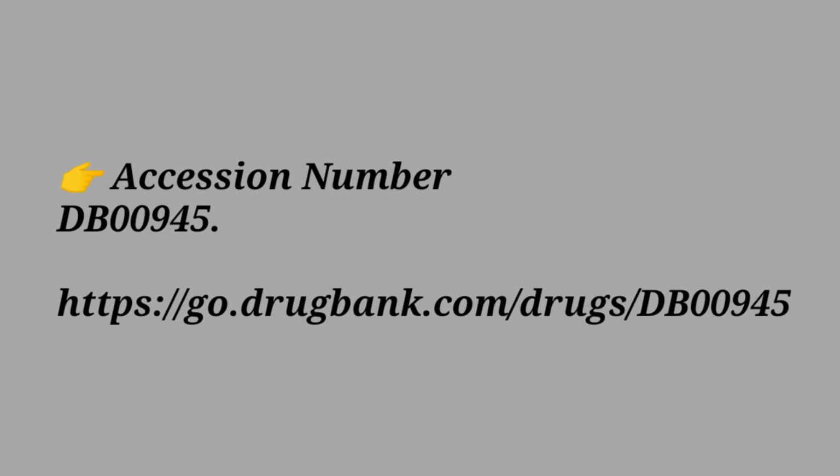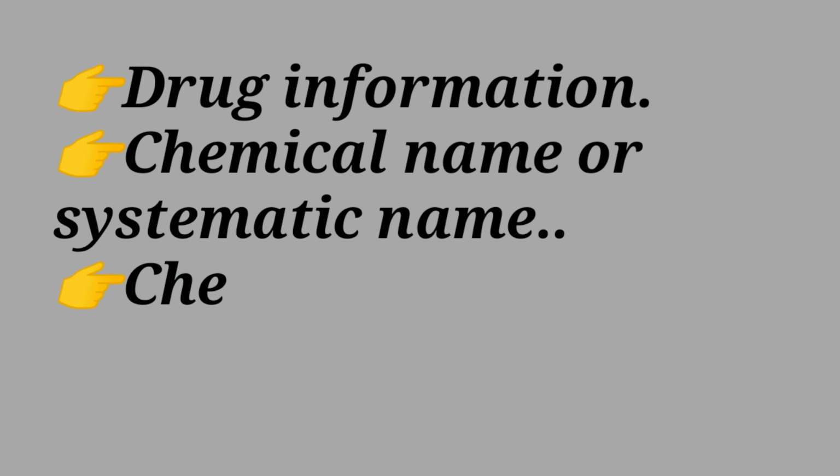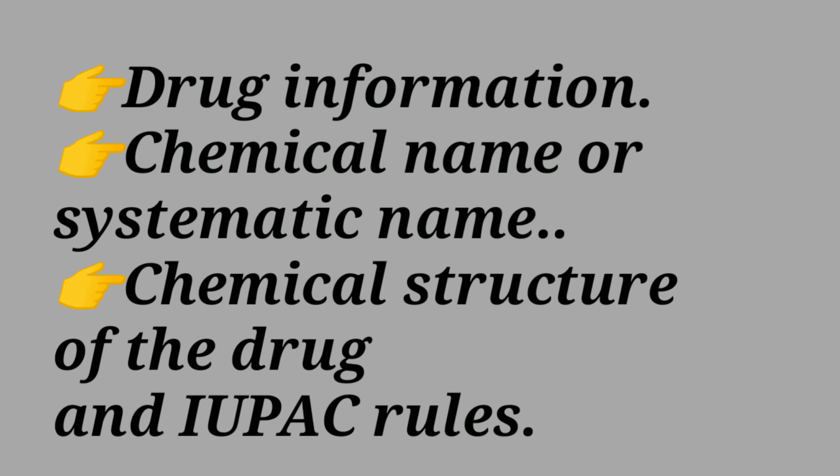Its accession number is DB00945. For ibuprofen, its accession number is DB01050. So we can get the whole information about the particular drug, that is chemical name or systematic name, which is based on the chemical structure of the drug and IUPAC rules.